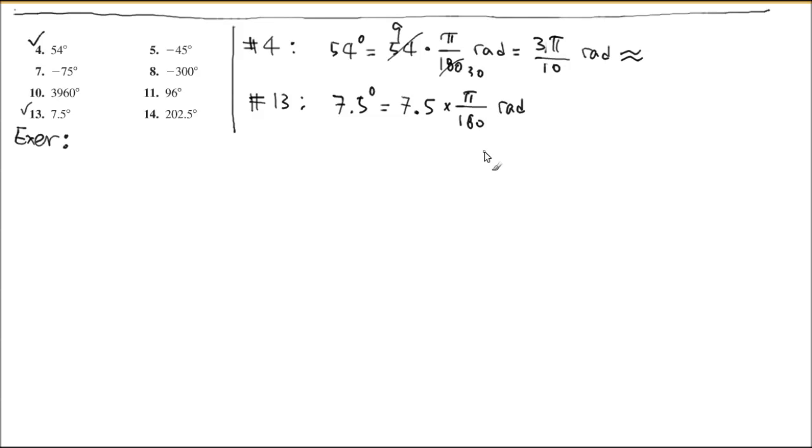If you want to do it exactly, this is 75 divided by 10 times pi divided by 180, right? So it has some factor of 5 in there, so it might cancel, and you can reduce it into a nice form as well. Okay, so this is radian, so you see a factor of 5, and how does it go? 1 is at 15, is that right? If you divide it by 5, is that 15?